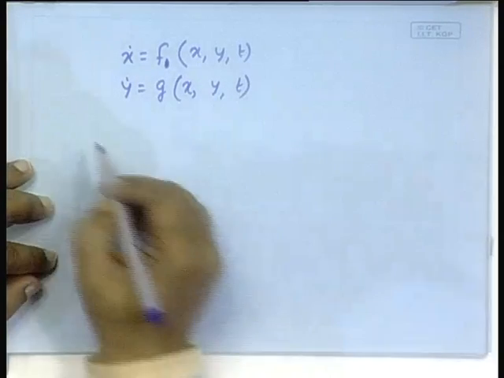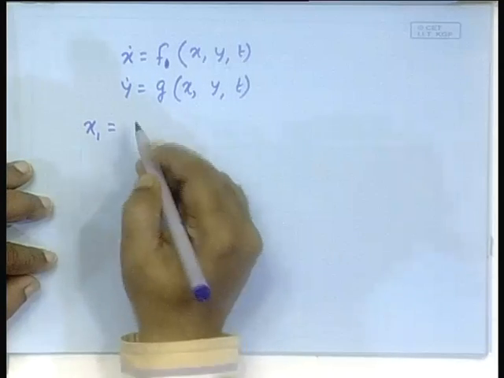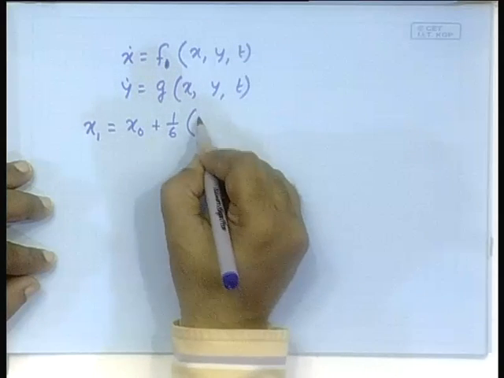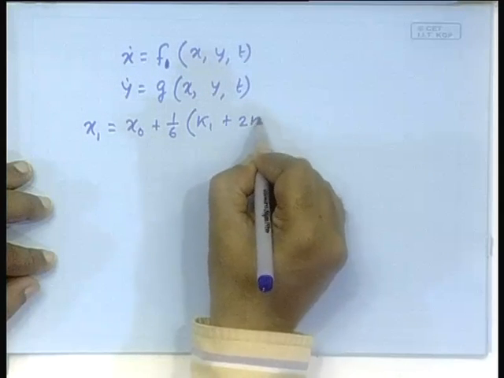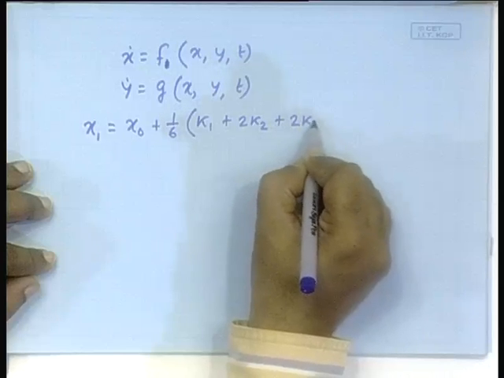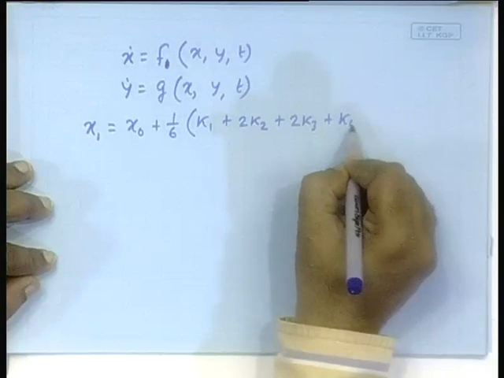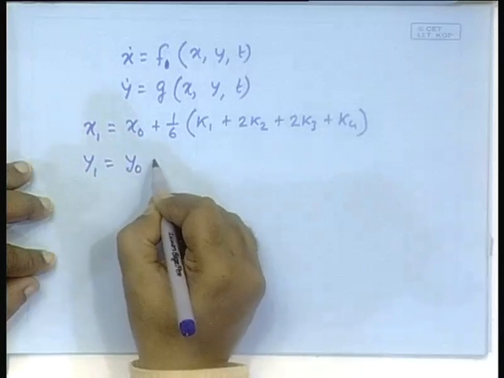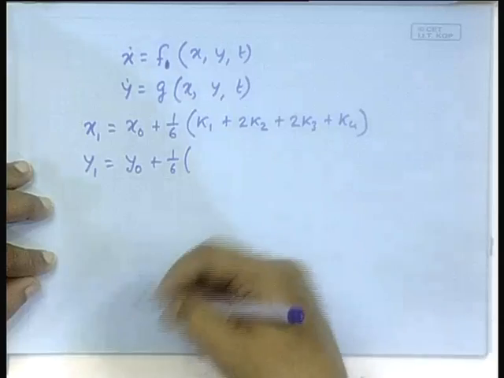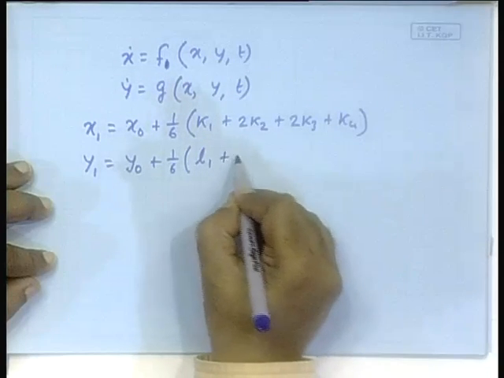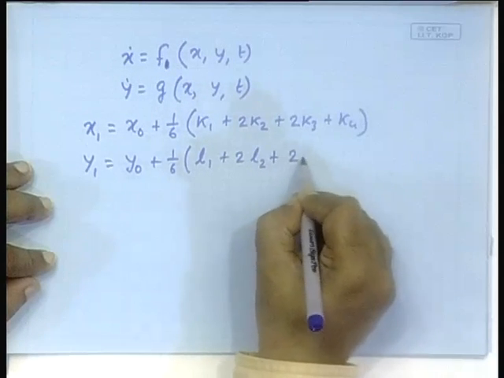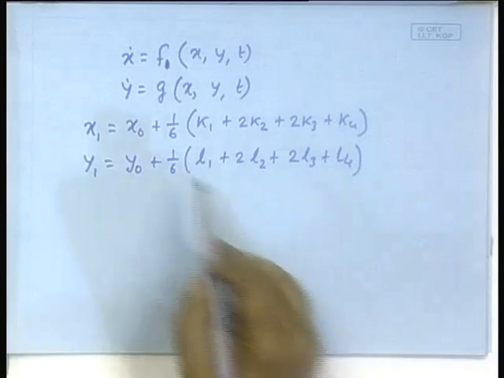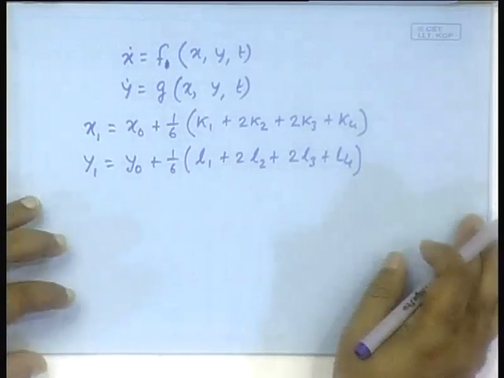In that case, your x 1 will be x naught plus 1/6 of k 1 plus twice k 2 plus twice k 3 plus k 4, and y 1 will be exactly in the similar way y naught plus 1/6 of another function, we will say L 1 plus twice L 2 plus twice L 3 plus L 4. Okay. And these will have to be calculated exactly the same way.